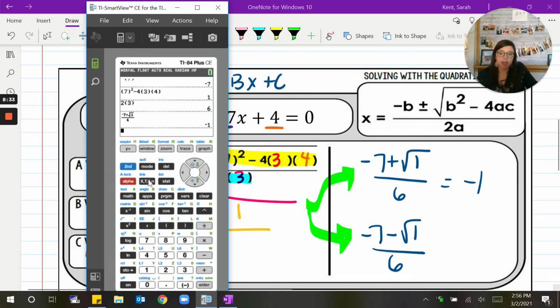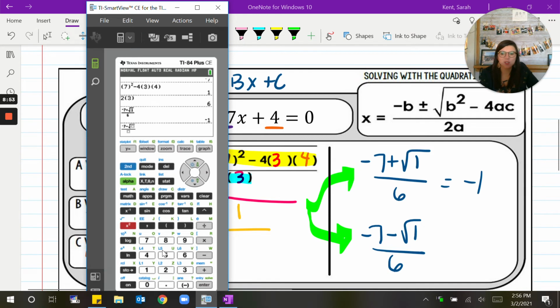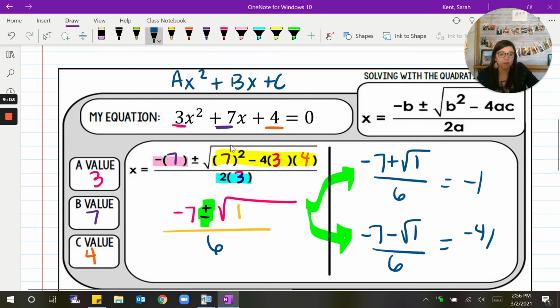And then I'll do it again. With negative 7 minus second x squared, square root of 1 over 6, press enter, and I get negative 4 over 3. And that's it. Those are my 2 answers.